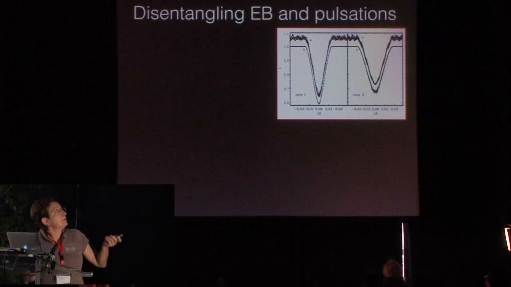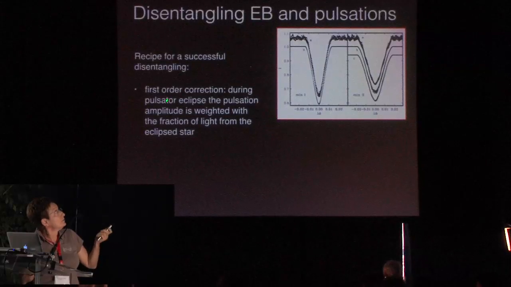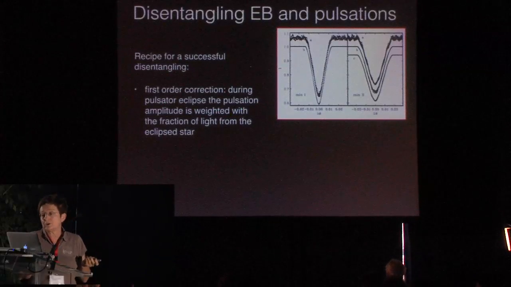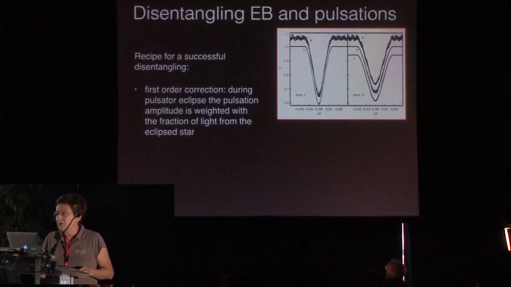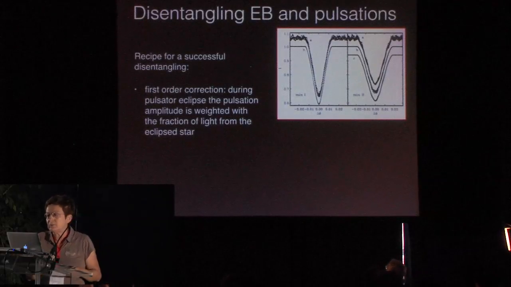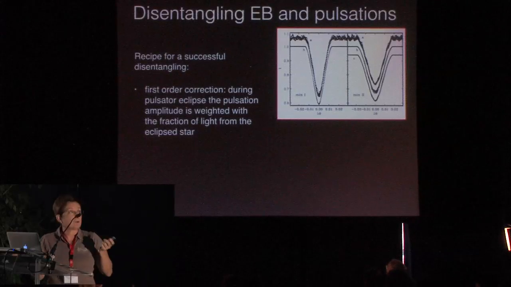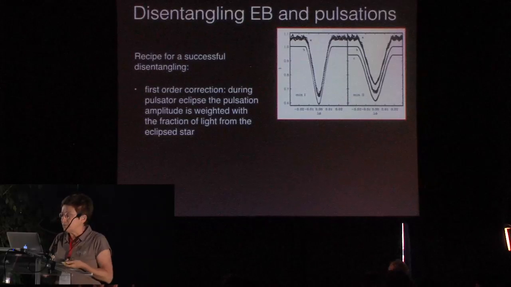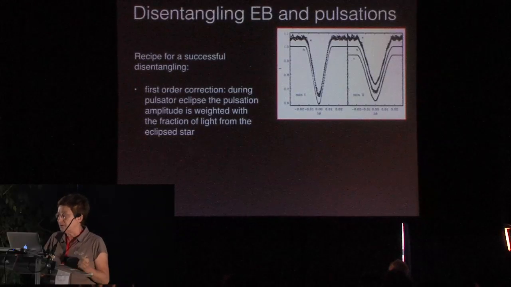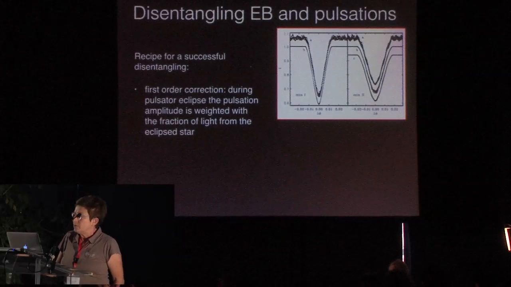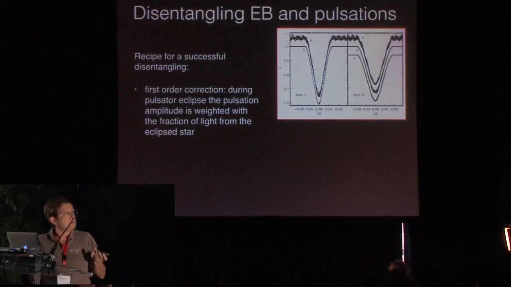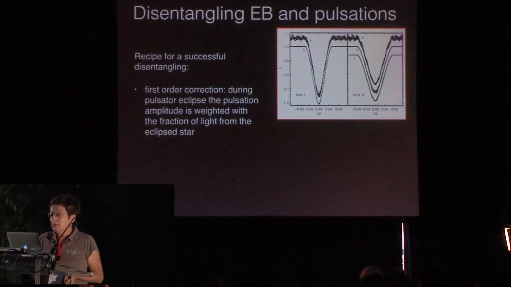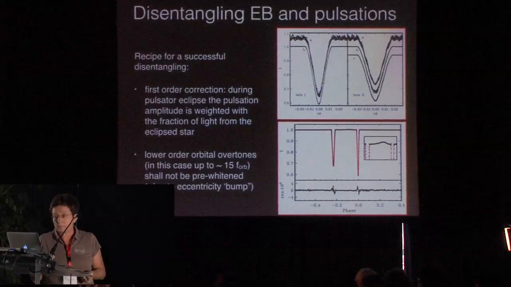So what you actually have to do is a first order correction, in which you weight the pulsation with the fraction of light that comes from the star under eclipse, the pulsator.